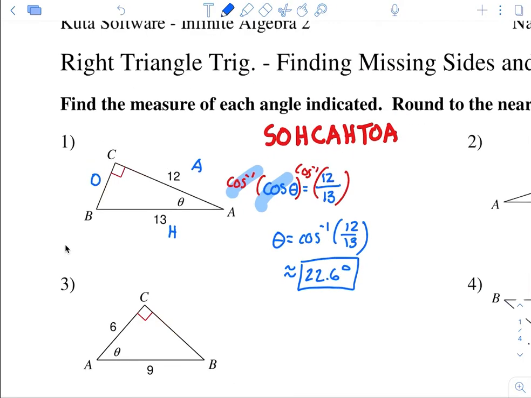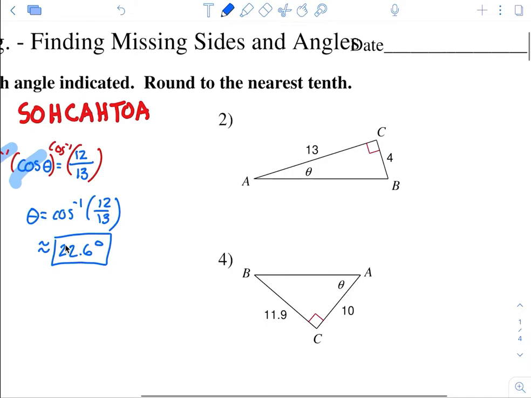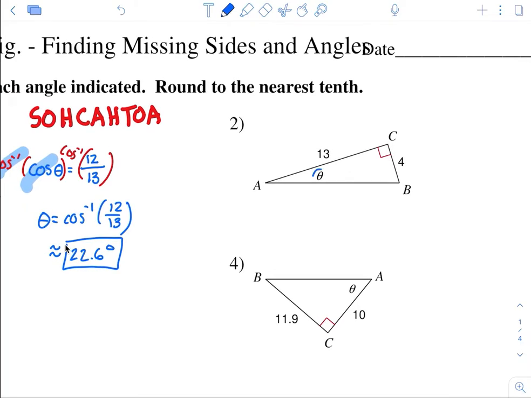All right, next one, number 2. In the perspective of this angle, this side is the opposite side. This side right here is the hypotenuse because it's across from the 90-degree angle, and this side is adjacent. There's information at the O and the A, which is tangent, the TOA. So tan of theta is equal to opposite over adjacent. Let's solve.